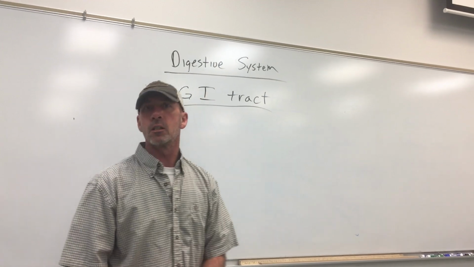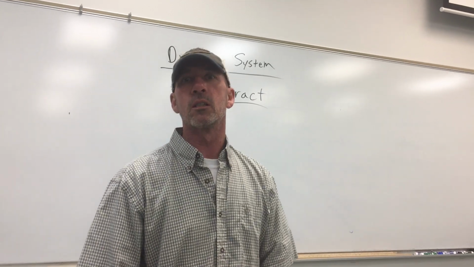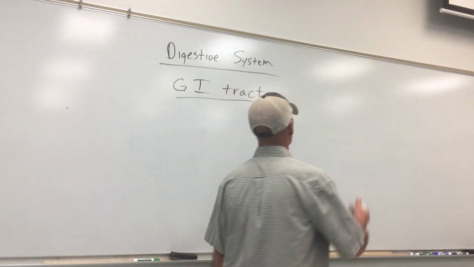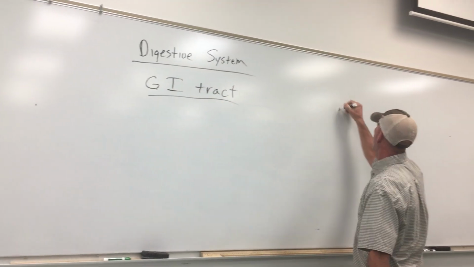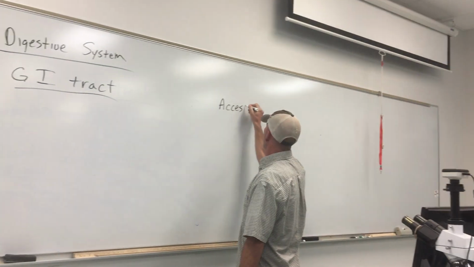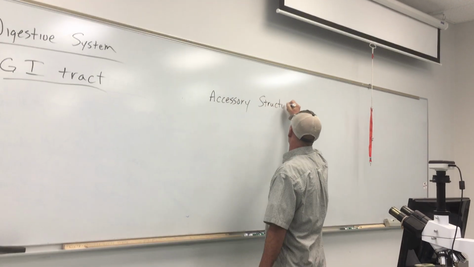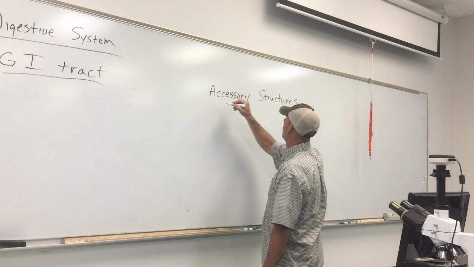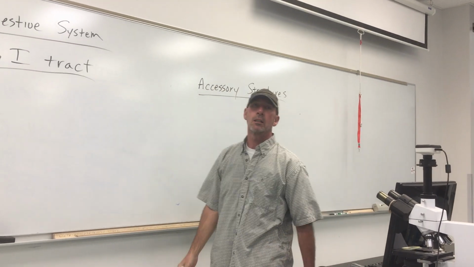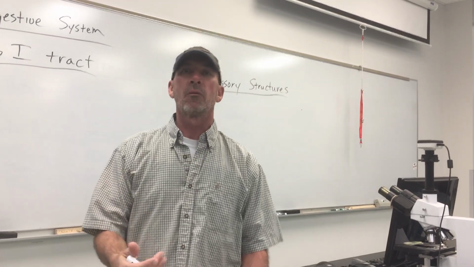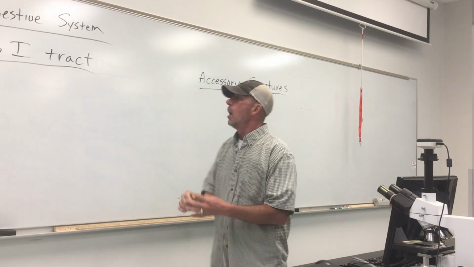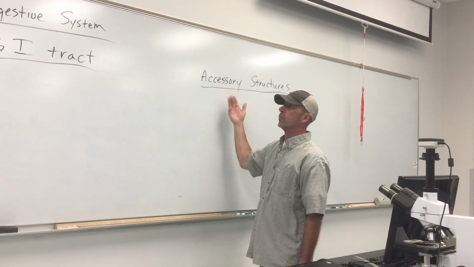If it contributes to digestion, but the food or liquid does not pass through that particular structure or organ, we call those our accessory structures. And the accessory structures have a fundamentally important role in the digestive system, but the food material doesn't go through them, so they're making contributions.